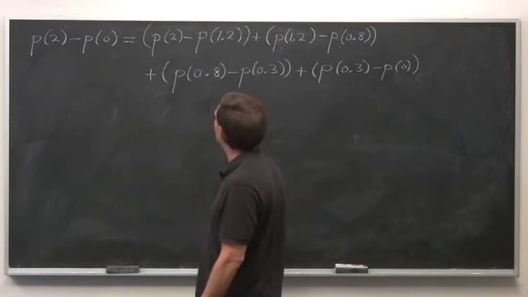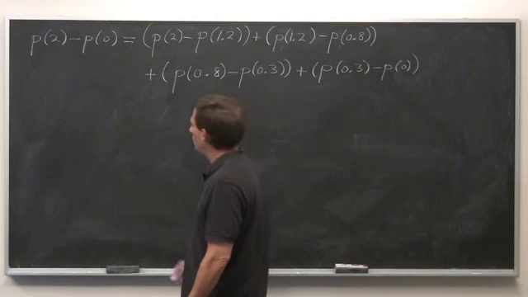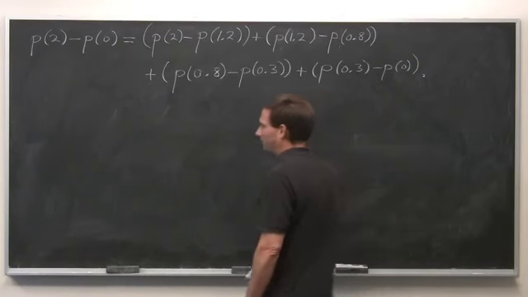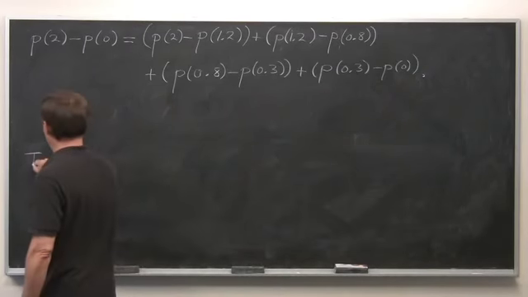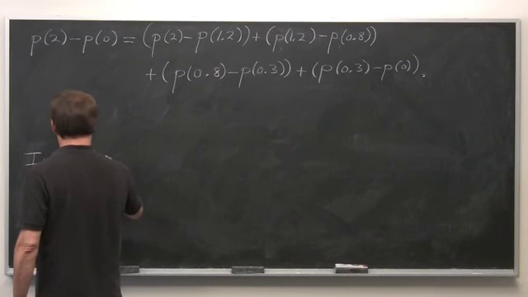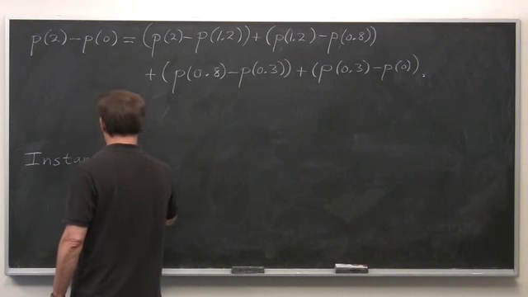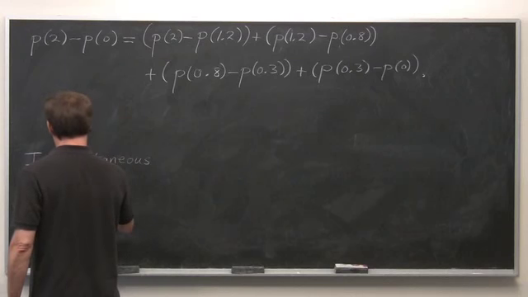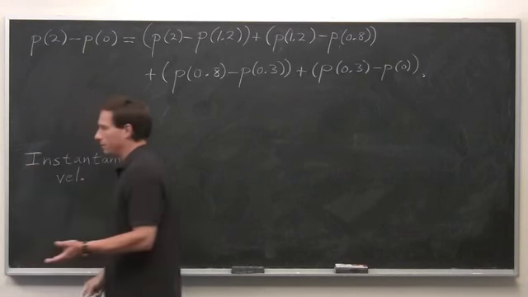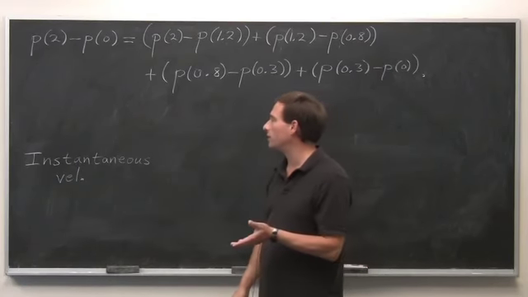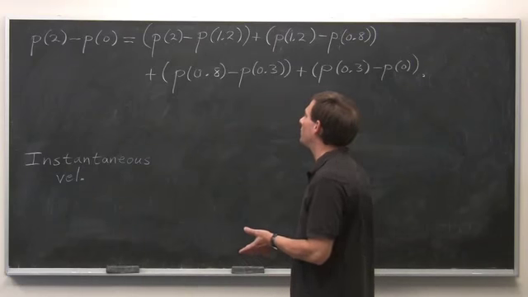So what do we do? Well, velocity, the instantaneous velocity, is the limit as delta t approaches 0 of the change in position over the change in time.